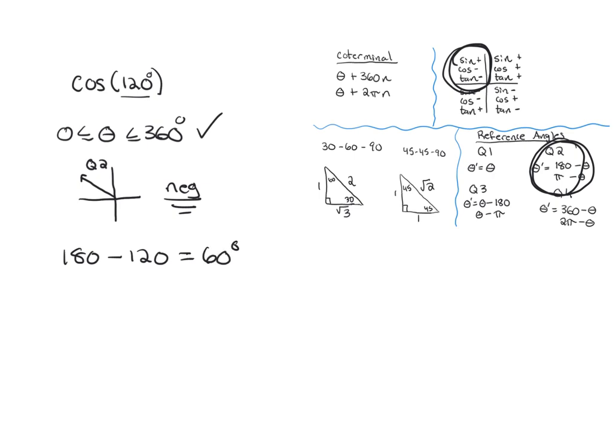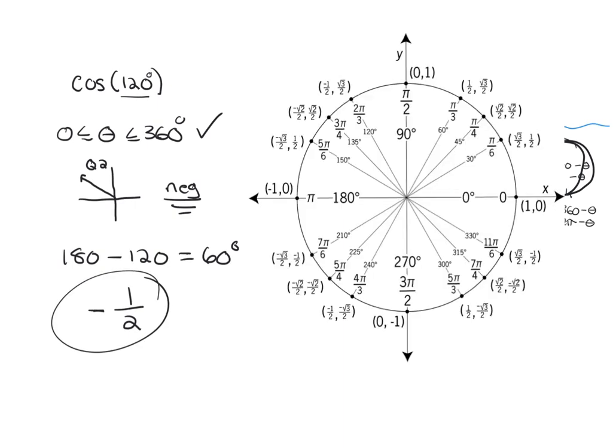So I'm using 60 degrees on my right triangle. So cosine of 60 is adjacent over hypotenuse, 1 over 2, but we just have to remember that it is negative. And now having the unit circle memorized, maybe you in your head knew that at 120 degrees, cosine is the x value, which is negative 1/2.